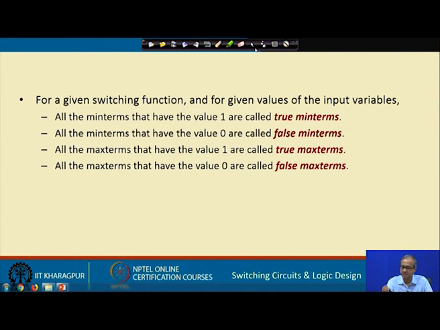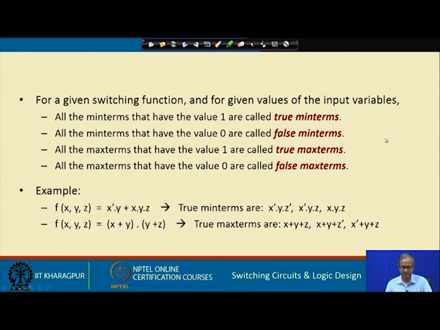Let us look at some examples. Let us take a simple switching function here, f of 3 variables x, y, z, x bar y plus x y z. You see, this x y z is a min term, all 3 variables are there, but x bar y is not a min term. So, what we do?